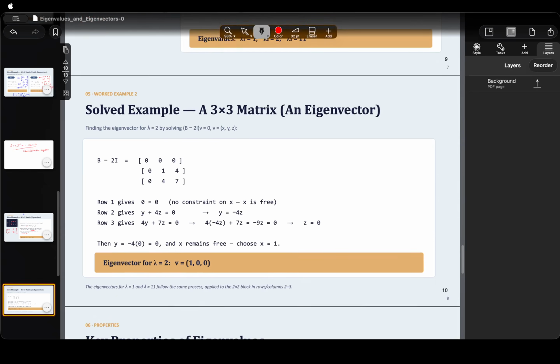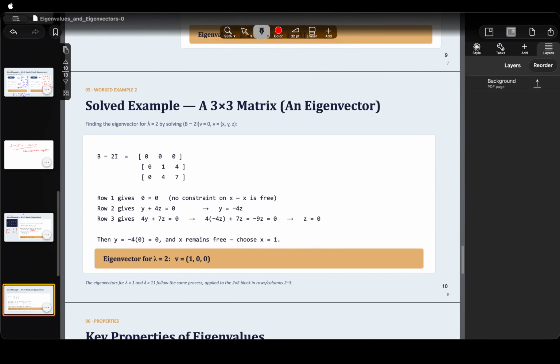This is also an example where you want to find the eigenvector for lambda 2 by solving this equal to that. So you already know the definition. This is the initial definition: your matrix minus lambda I. So this is what you have. You go through the process, you find it for each eigenvalue.